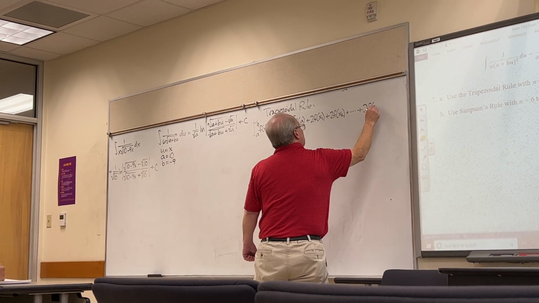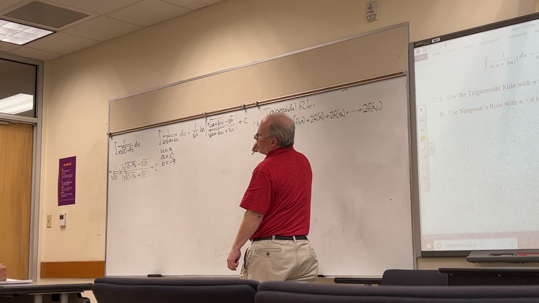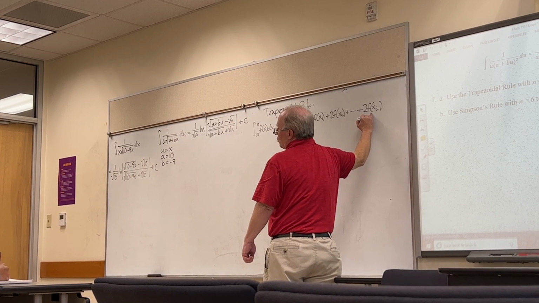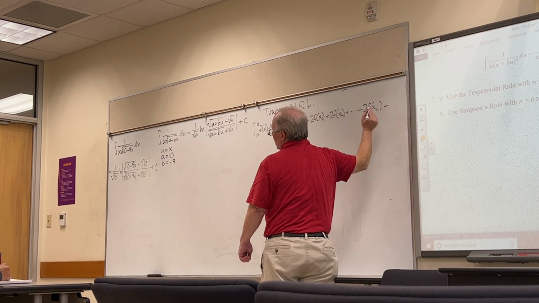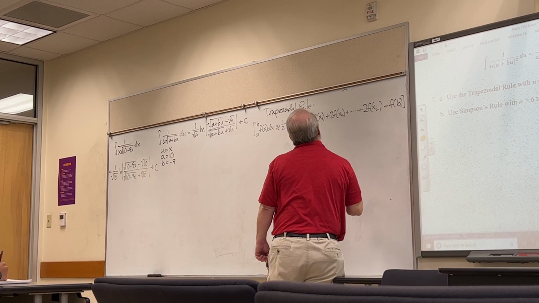Don't you alternate between the 2s and 4s? Not with the trapezoidal rule. That's Simpson's rule you're thinking of. With the trapezoidal rule, they're all multiplied by 2 except for the first and last one. So of course at the end we have f of b.